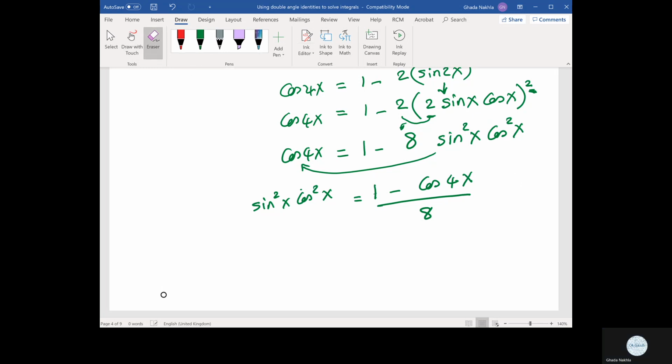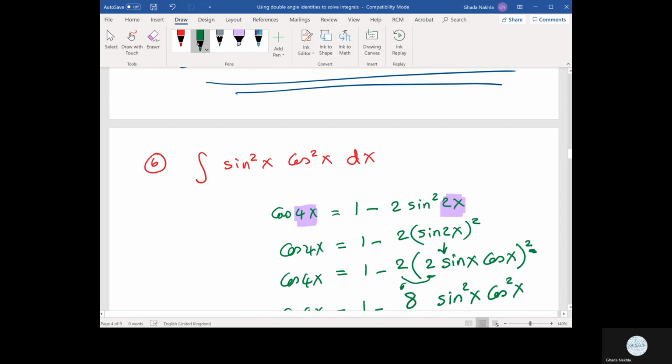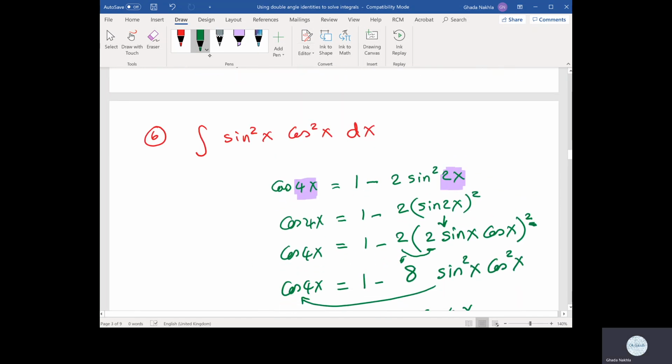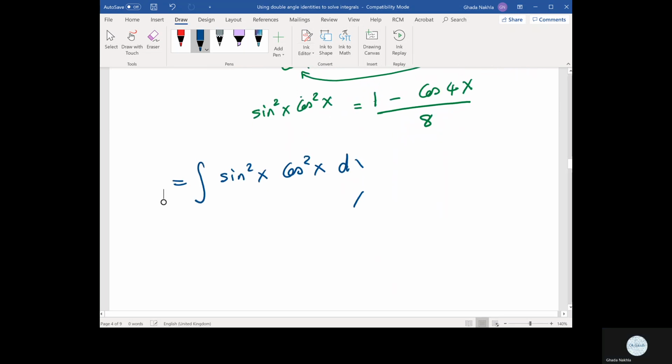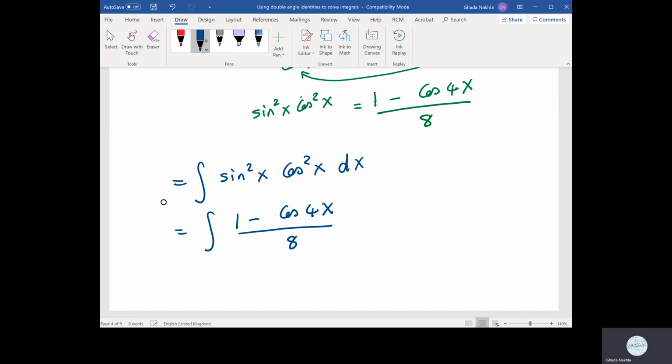I have now changed my question: instead of integrating sine squared x cos squared x dx, I'm now integrating 1 minus cos 4x divided by 8 dx.